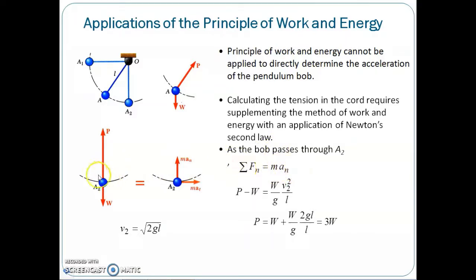So we know that the tension of the cord itself, P minus W, equals m an, where the normal acceleration an is equal to V squared over R, which is V squared over L. By rearranging it, we can determine the tension of the cord, P equals 3W.